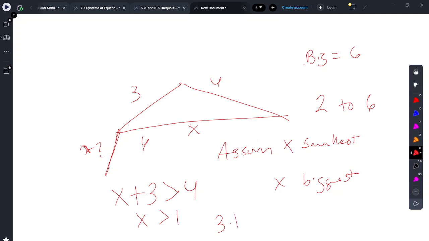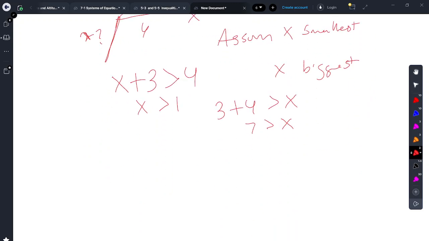So that would mean that 3 plus 4 has to be greater than the biggest, which we'll now call x. So what is this? 7 is greater than x, or a better way to say that, the way we like to have these, we like to have our variable in the middle with our arrows going this way, right?